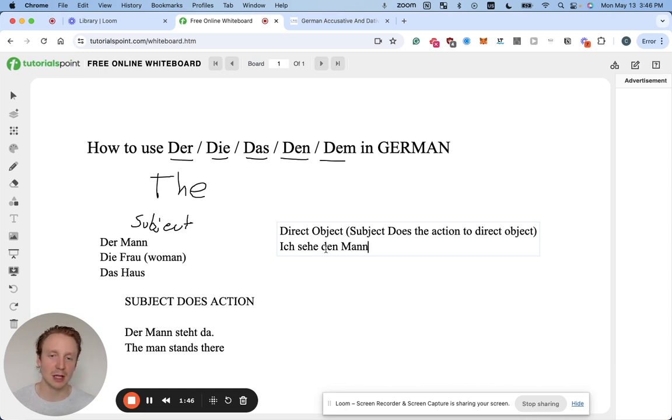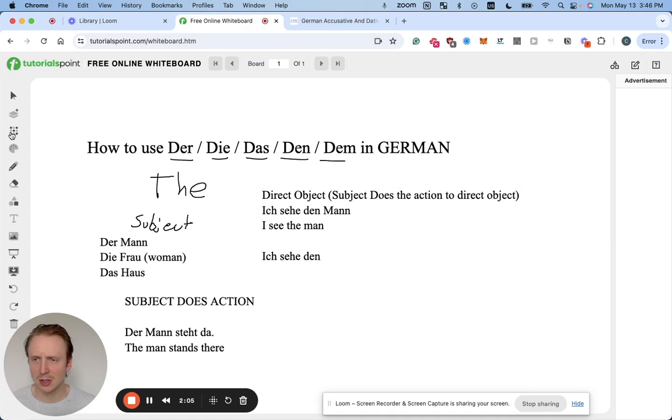This is the only one that changes, because I see the man. It's not ich sehe der Mann. Nein, den Mann. And if you look at it this way, it's ridiculously simple.